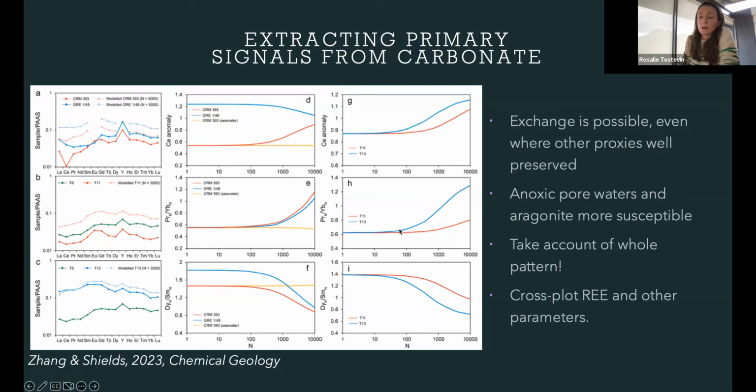And often, in the main section of a paper, what I see presented is, for example, the cerium anomaly versus stratigraphic height. And sometimes you see a nice trend, for example, like an increasing negative cerium anomaly with time. And then when you go and dig into the supplementary information and you look at the rare earth element patterns, you see that the negative cerium anomalies occur in the samples with the lowest concentrations and the otherwise best preserved rare earth element patterns.